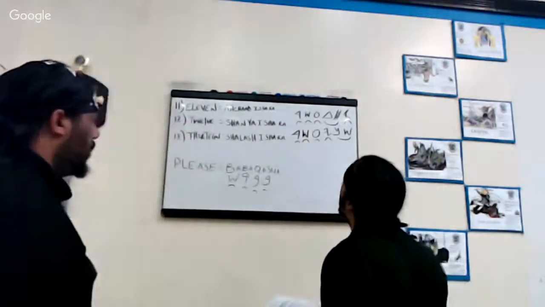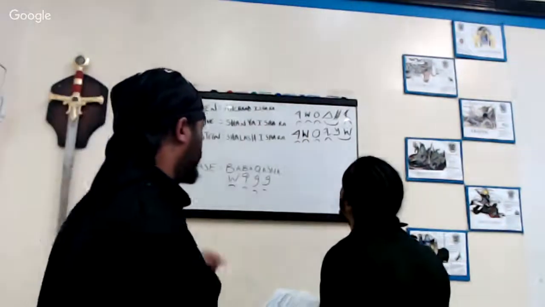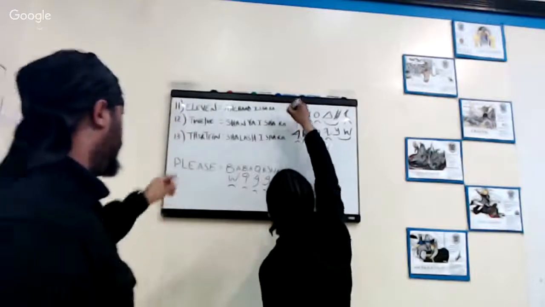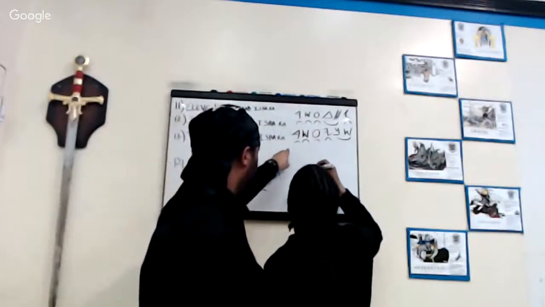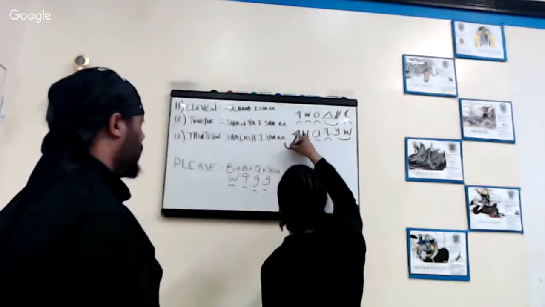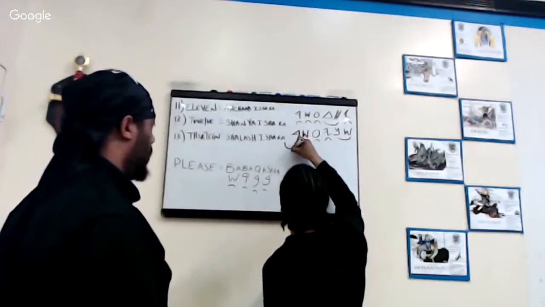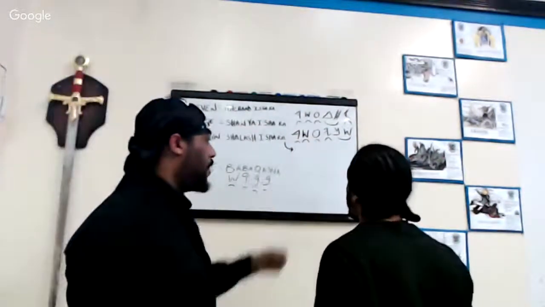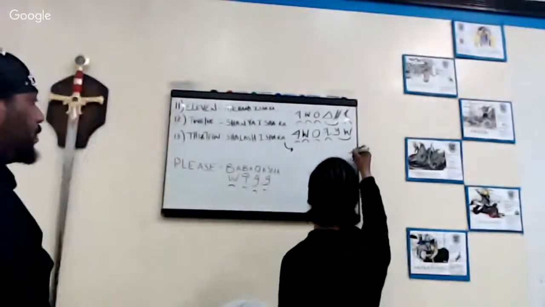Just put like a little arrow, and we're gonna space it out more. Start off at the far right, giving ourselves some space.